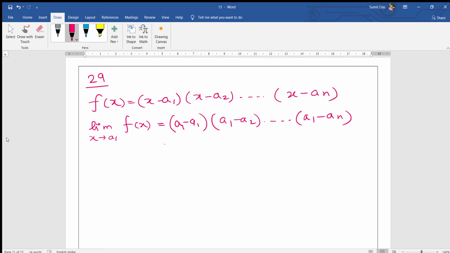Can anyone tell me what this value will be? What will be the product? You can see (a1 minus a1) into (a1 minus a2) continuation (a1 minus an). I hope you understood what the limit question asks.